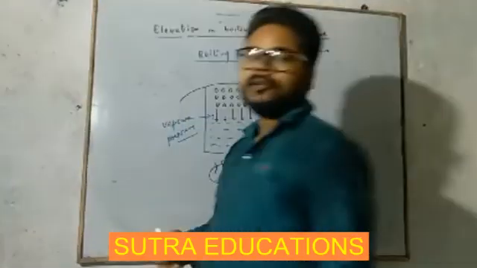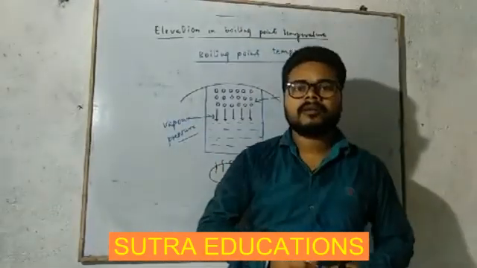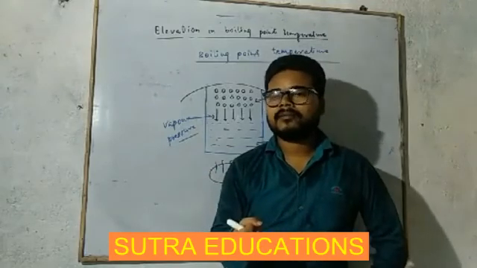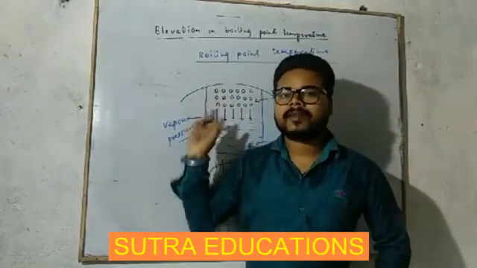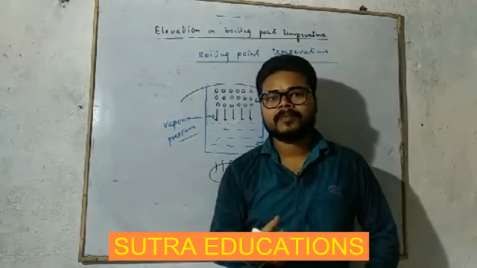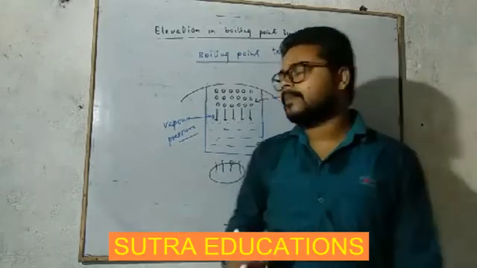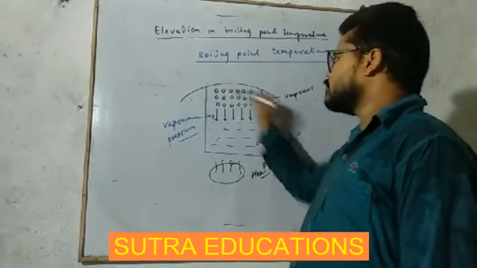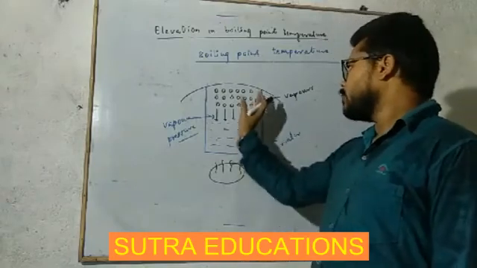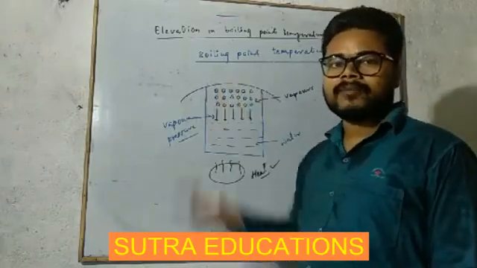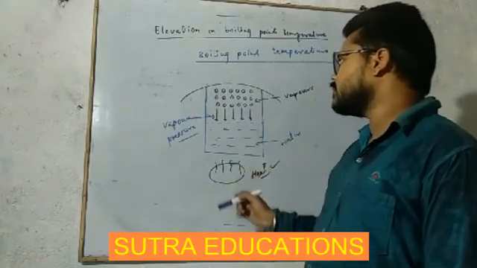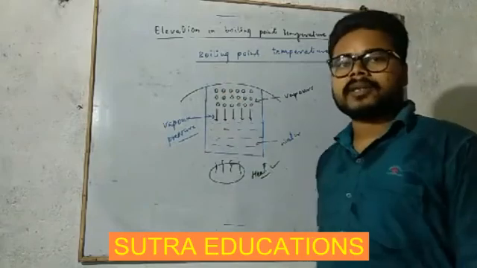Initially when you started heating, very little vapor was present there, and as you continued heating, more of the water changed into water vapor. Means continuously the number of vapors are increasing, and if the number of vapors is increasing with temperature, we can say vapor pressure is also increasing with temperature.